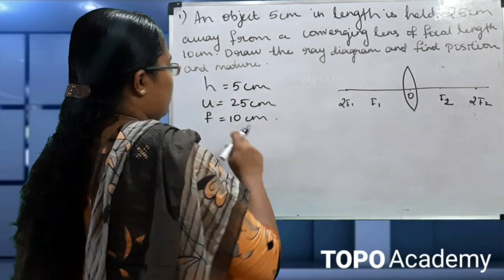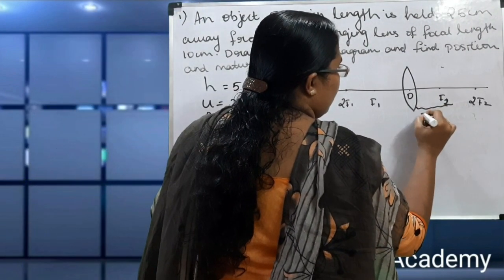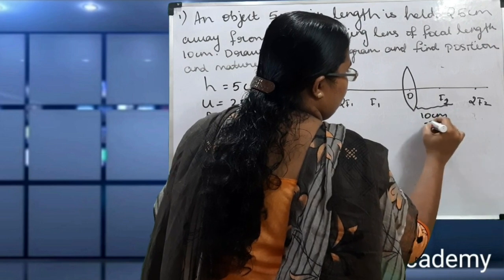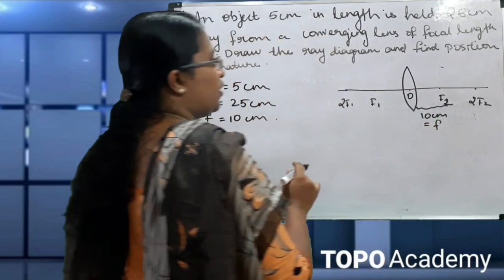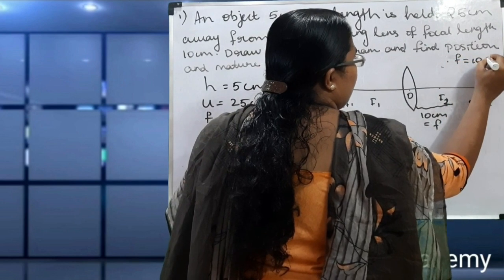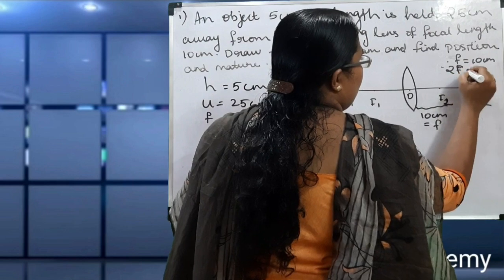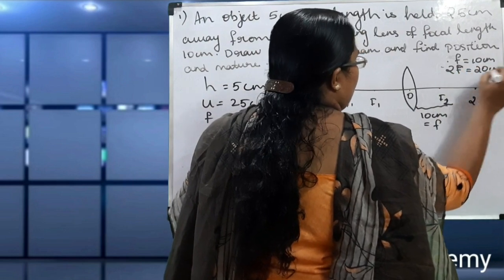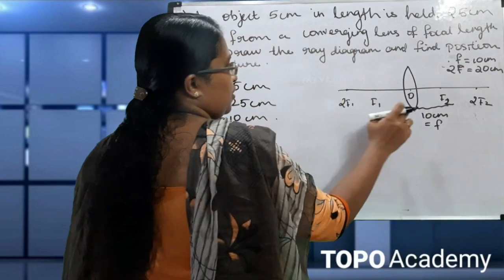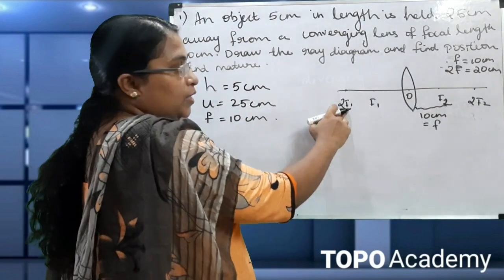So F is equal to 10 cm, so 2F is equal to 20 cm. This distance is 10 cm and this distance is 20 cm.